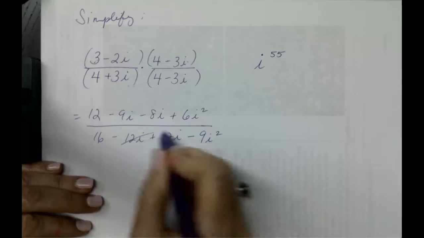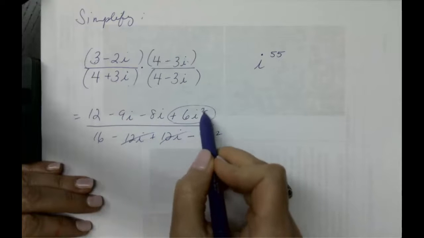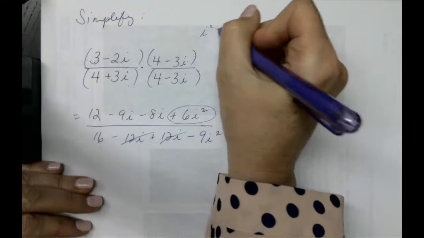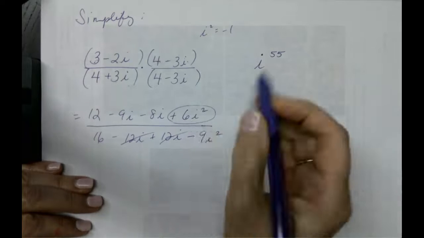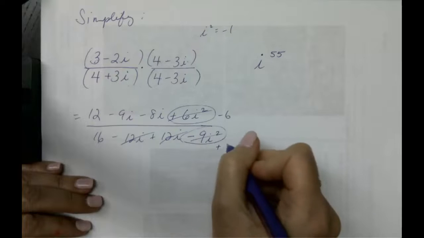Good news, the 12i's cancel. Since i squared equals -1, plus 6i squared will just become -6. Minus 9i squared will become plus 9.